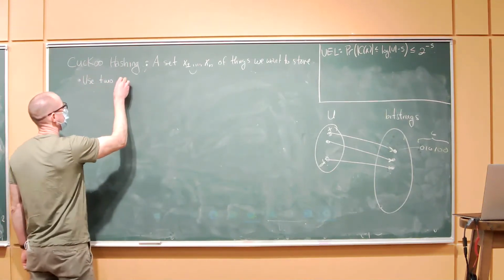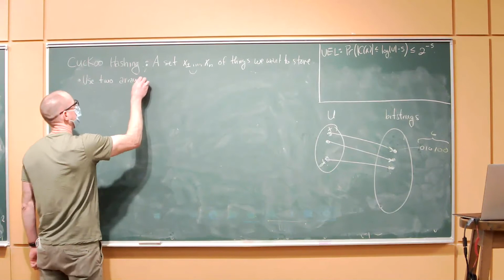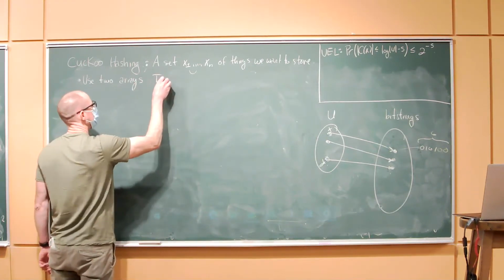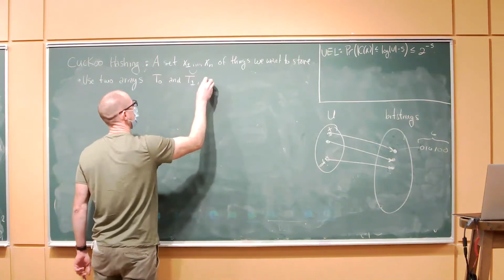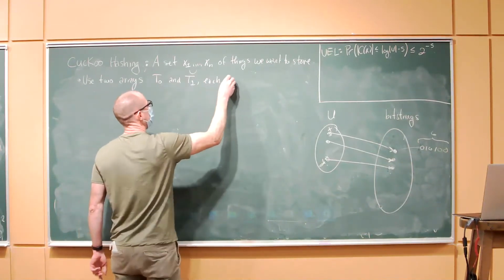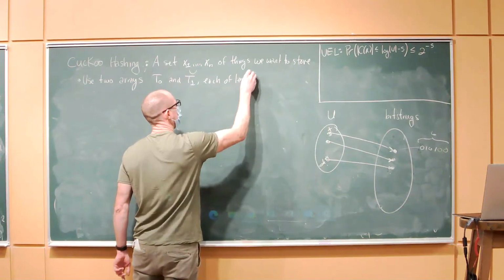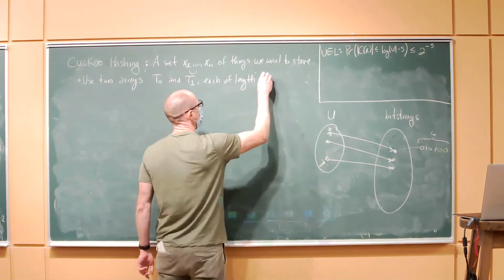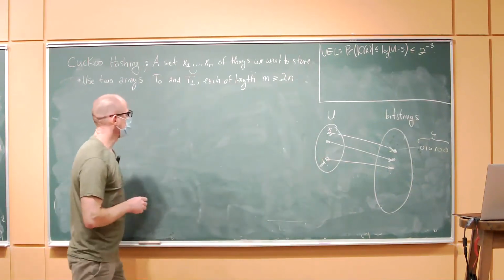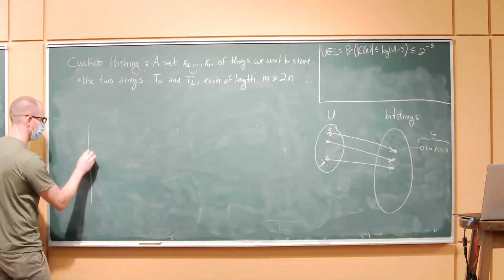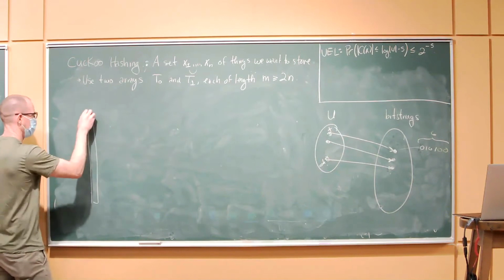Okay, we're going to use 2 tables, 2 arrays. Let's call them T0 and T1, each of length m, which is at least 2n. So here's the picture you have.